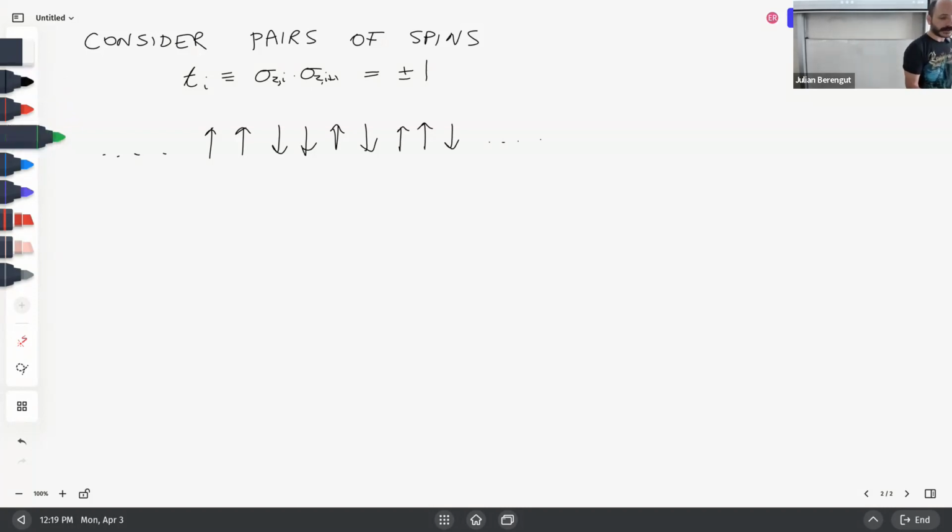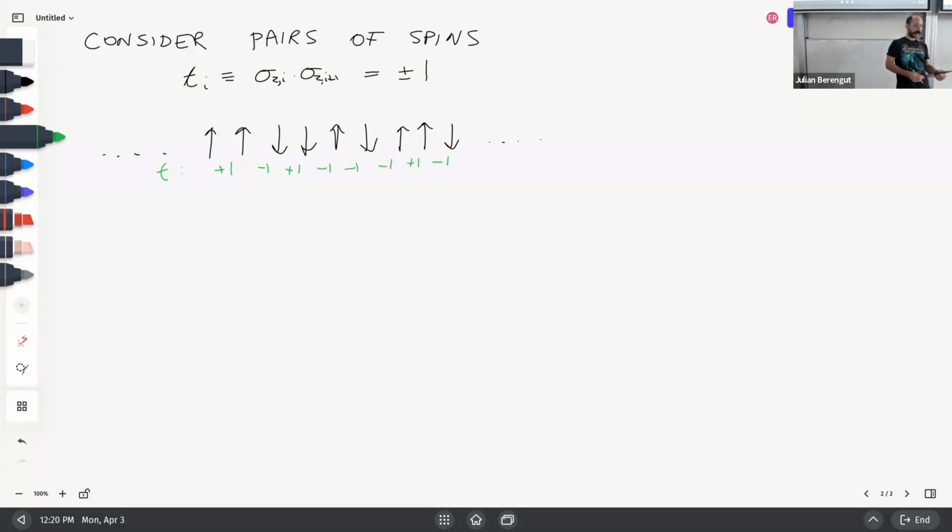So here, Ti is equal to plus 1. This one and the next one are opposite directions. Same direction, opposite direction, opposite direction, opposite direction, same direction, opposite direction. Get it? Cool. So now I just need to worry about whether they're the same direction or opposite direction.